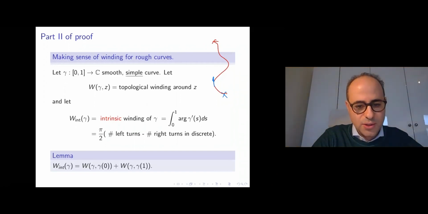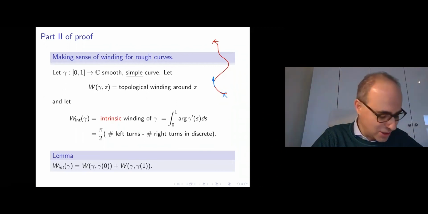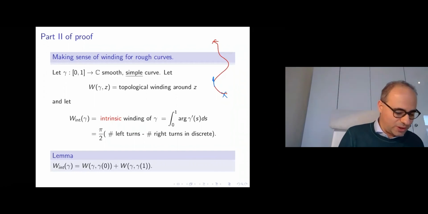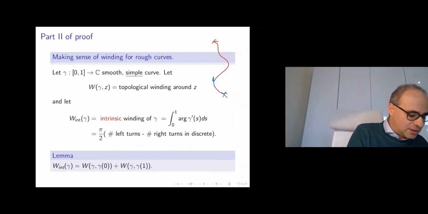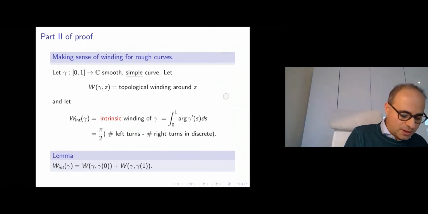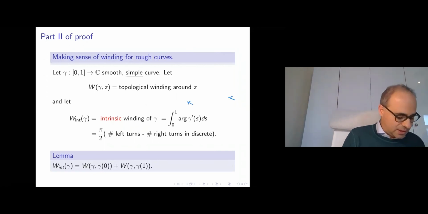And so here's a lemma which is very simple, but I think a nice observation. Probably people are aware of it, but I wasn't. So what is the lemma? The lemma says that if you've got a simple path, which is smooth, then the intrinsic winding you can obtain as the sum of the topological winding around the starting point and the end point.